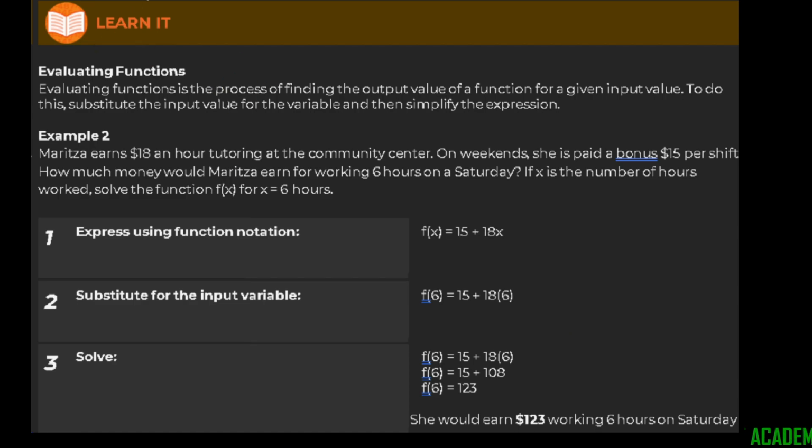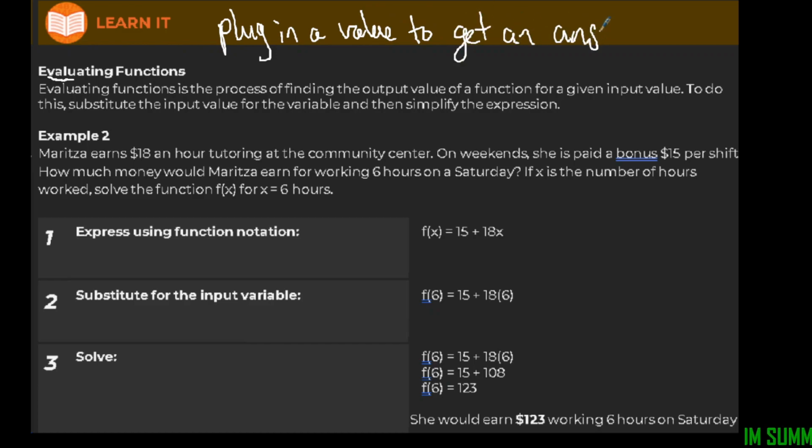When we evaluate functions, notice how it has that root word in the middle, value. So we're plugging in a value to get an answer. This should be from Math 2 and Math 3, but I want to make sure that you're seeing how to do it right now.